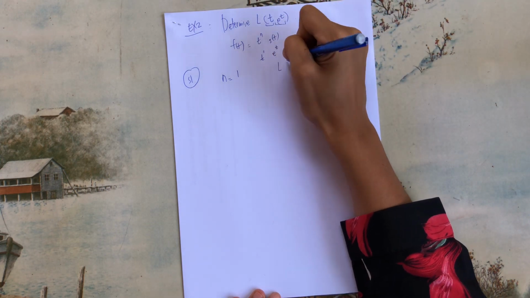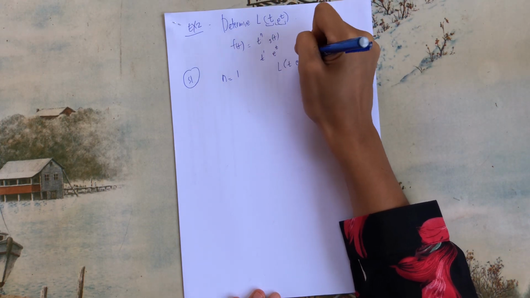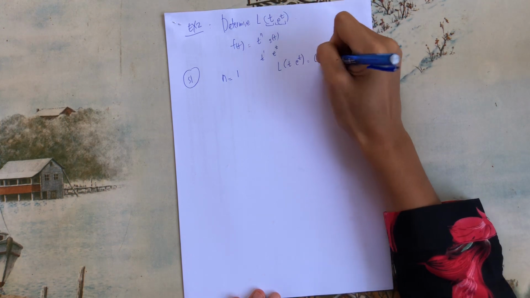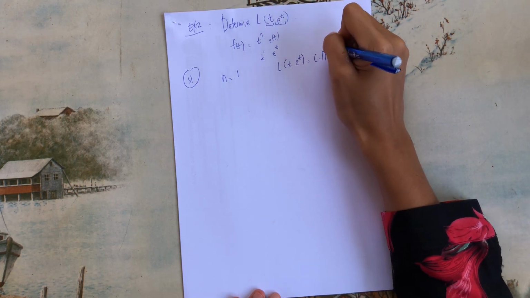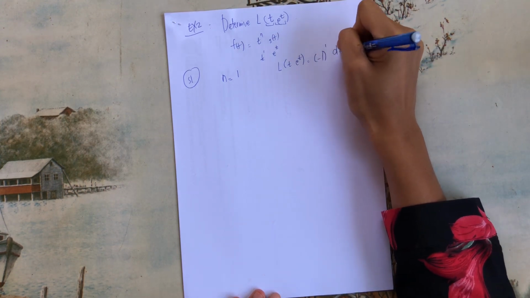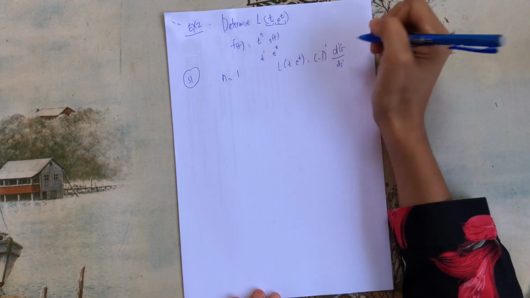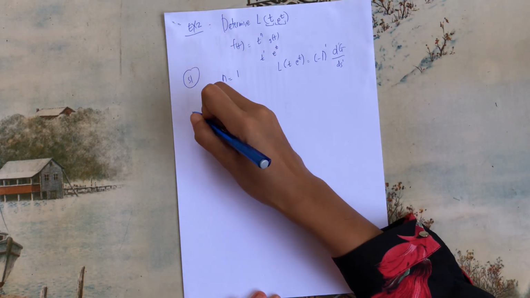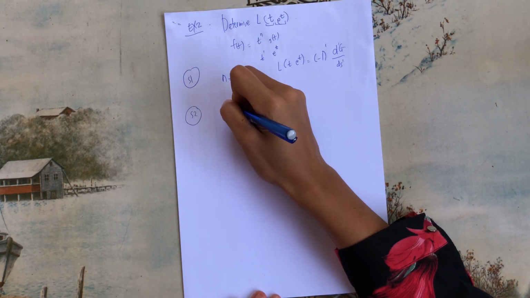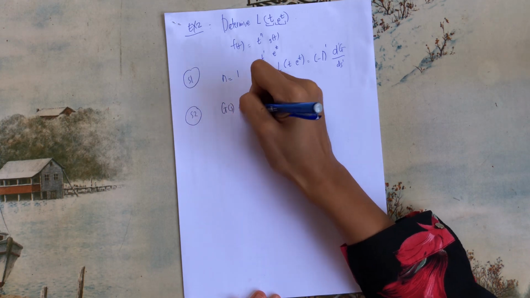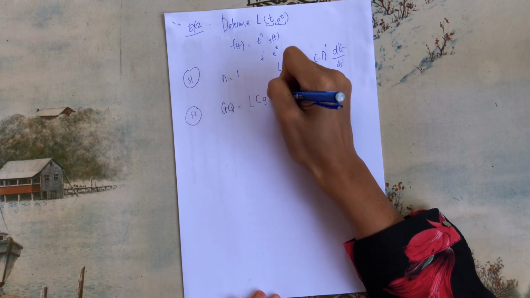So the answer would be negative 1 power of 1 dG over ds.